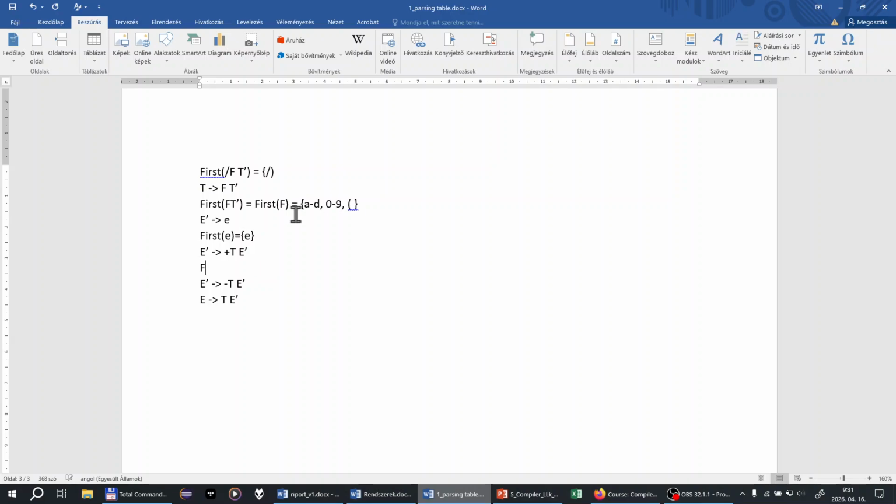The first plus T E prime equals the set containing the plus.